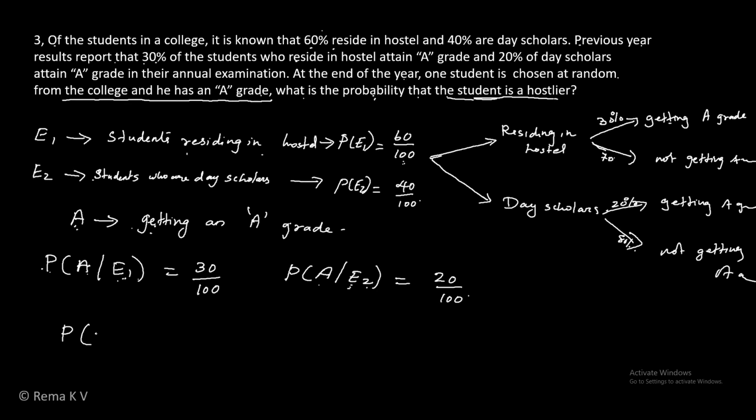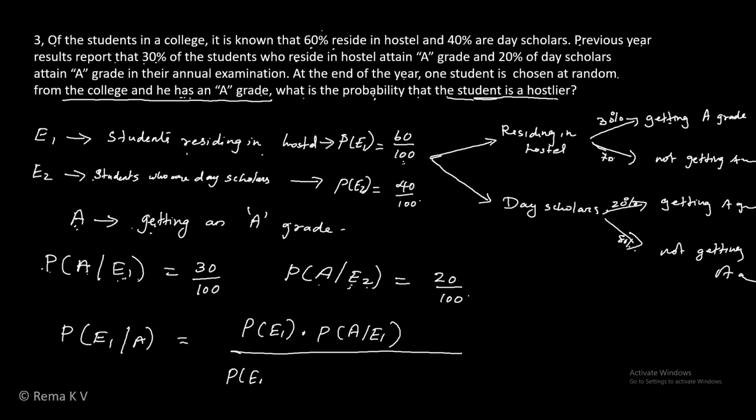Probability of E1, and a condition is given to us, and that is A. Probability of E1 given A is equal to probability of E1 into probability of A given E1, divided by probability of E1 into probability of A given E1 plus probability of E2 into probability of A given E2. Substitute the values and find the answer.